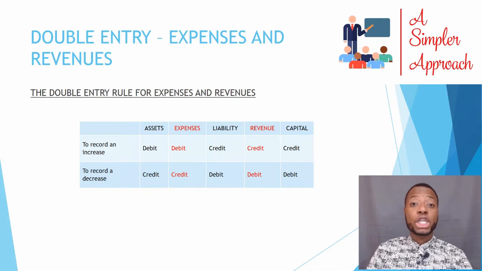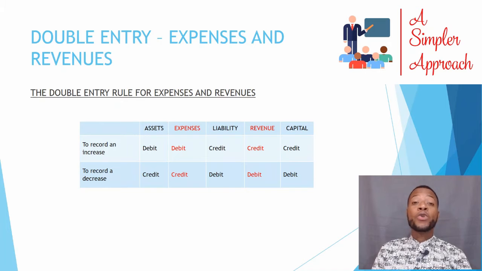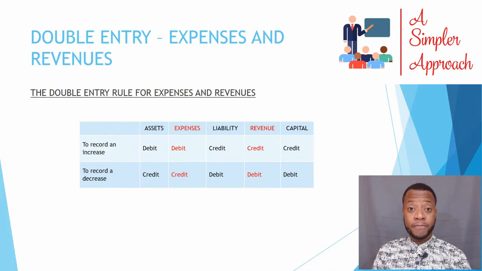The double entry rule. Now, you already know the double entry rule. What we're looking at now is the double entry rule for expenses and revenues. Remember, I said everything else remains the same. The concept of double entry, T accounts, the steps, all that remain the same.